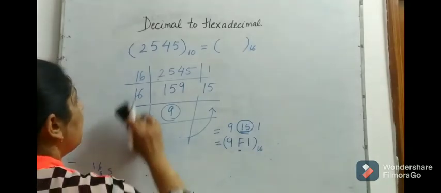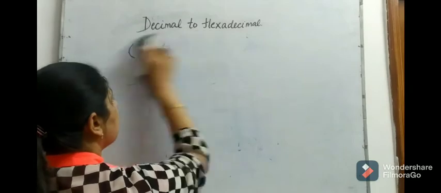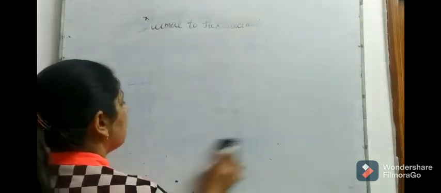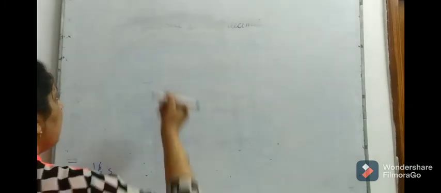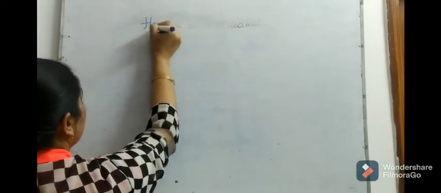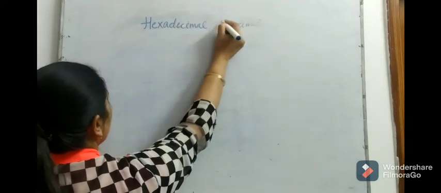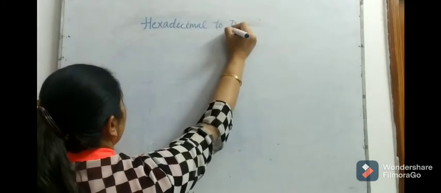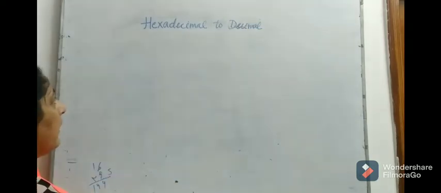So let's now do the reverse case. The reverse says converting a hexadecimal number to decimal. Alright.